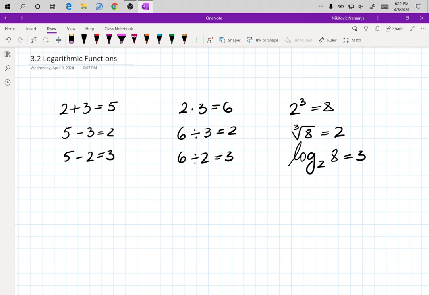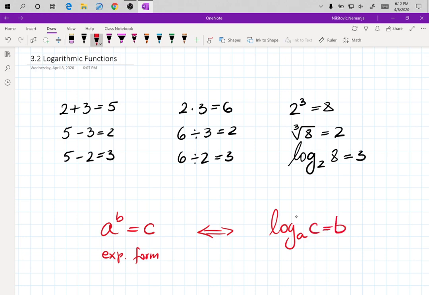Now, what is the meaning of the log function? And this is where we are going to learn where they come from. Well, if you have a to the b equal to c, which is the exponential form, you can convert that into log of same base a of c equals b.